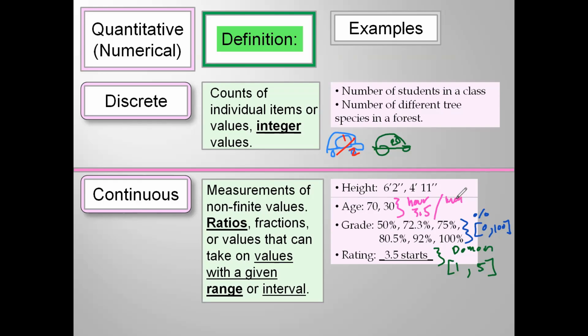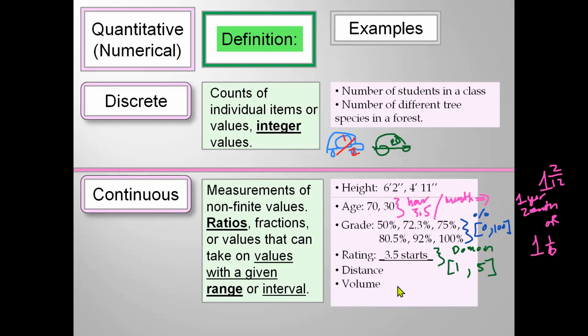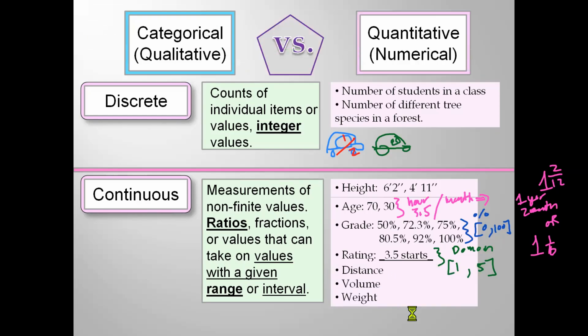If we convert this to years, we can think about something like 1 year, 2 months. So that'd be something like 1 and 2 over 12, or 1 and 1/6 of a year old. Other common continuous examples include distance, volume, and weight.